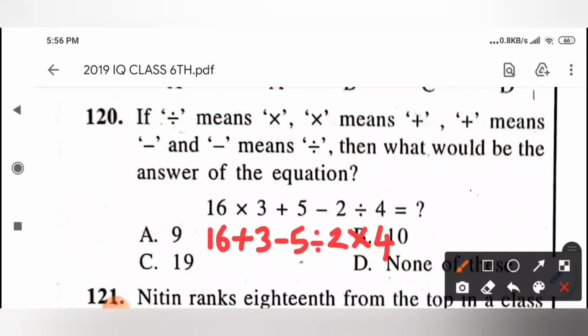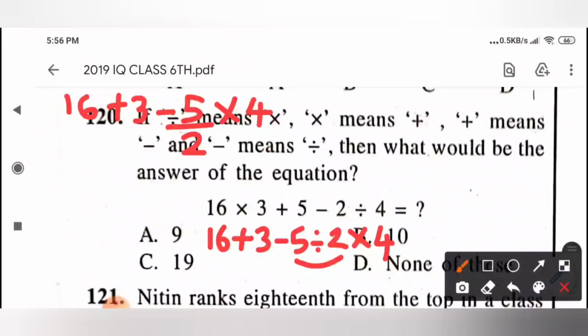Now, division first. So when we see division first, it is 16 plus 3 minus 5 divided by 2 into 4. After division, we have to do multiplication. So I solve this first. 2 goes in 4 2 times.